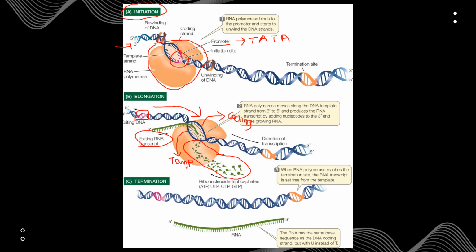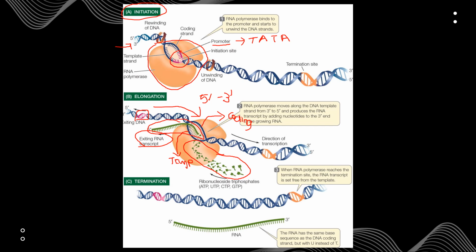And it goes along this template strand and it matches up the base pairs of what is given in the template strand and makes this RNA transcript you can see here in green. And the direction it codes this is going to be 5' to 3'. So this is the direction of the RNA transcript itself.